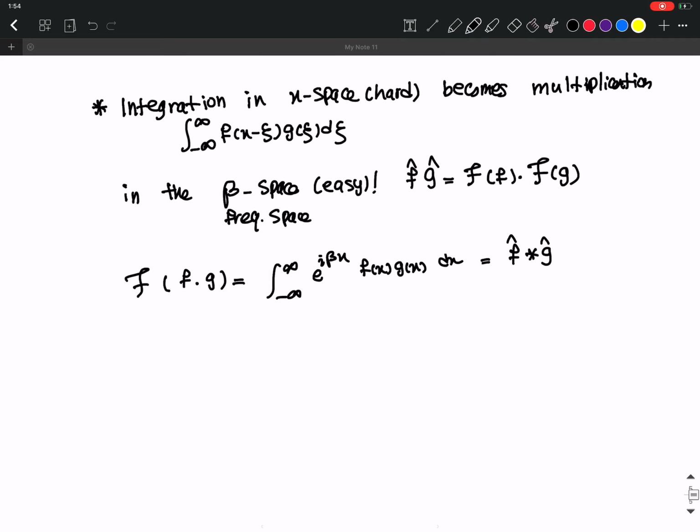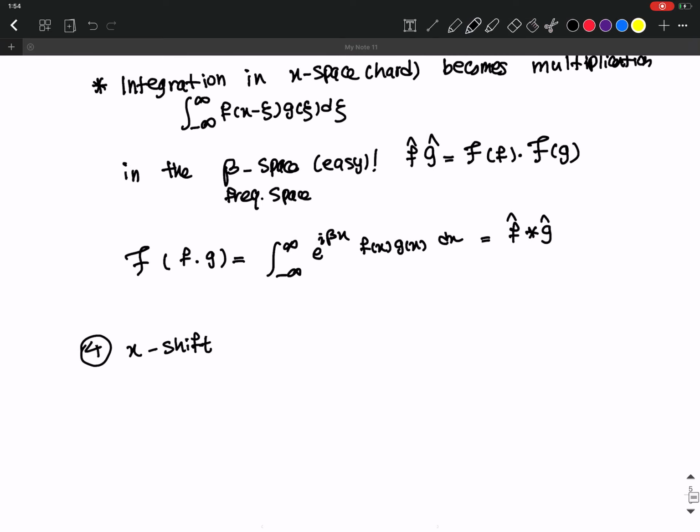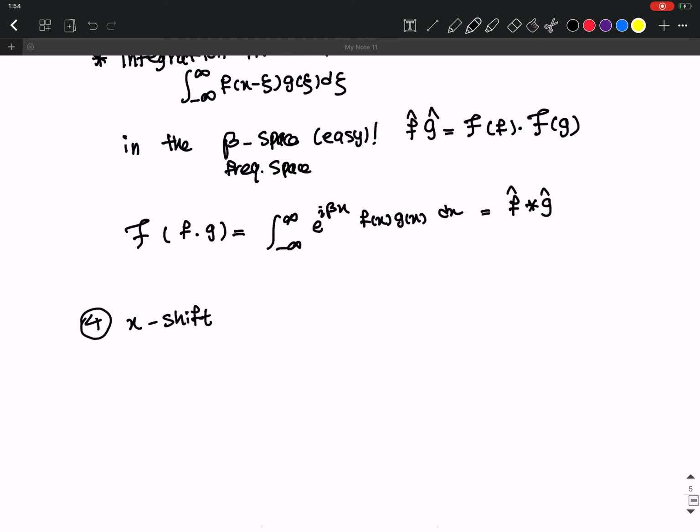Okay. So another property of these Fourier transforms is the x shift. That is, if you want to shift x, I want to show what's going to happen.